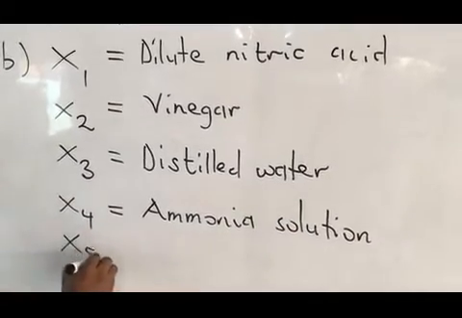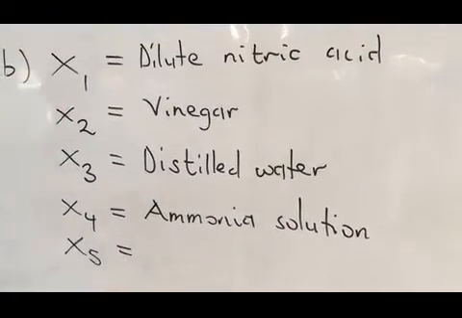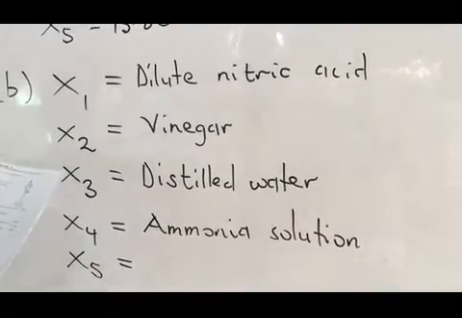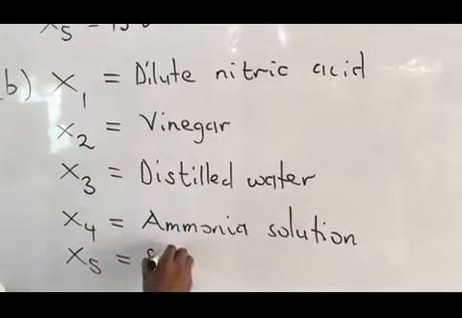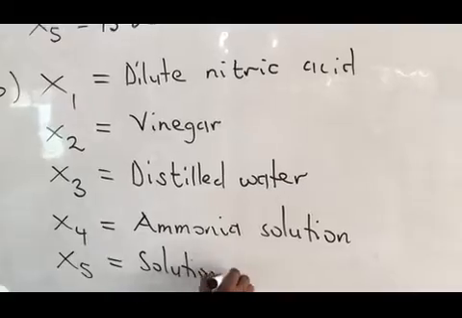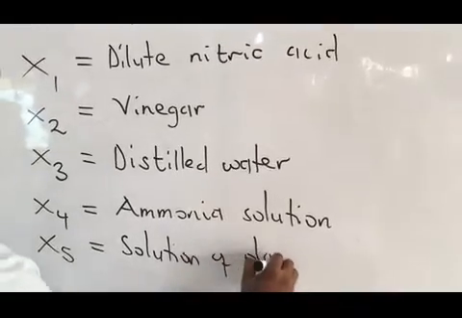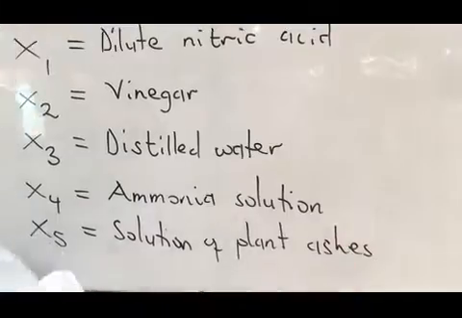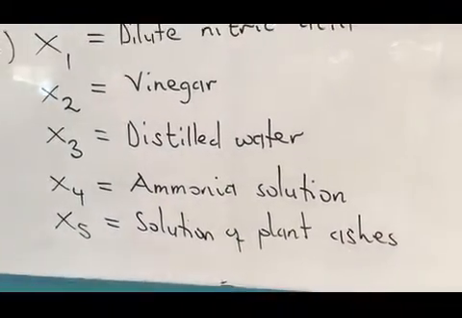And finally, X5 indicates a strong base, and the strong base there is a solution of plant ashes. Okay, so that is for B.